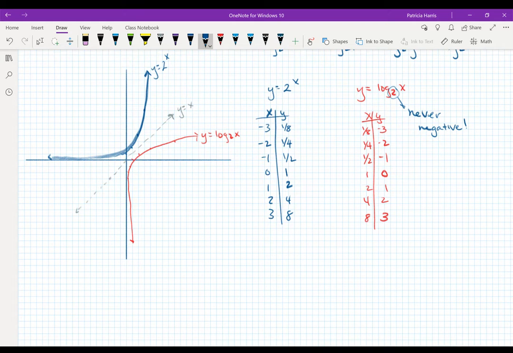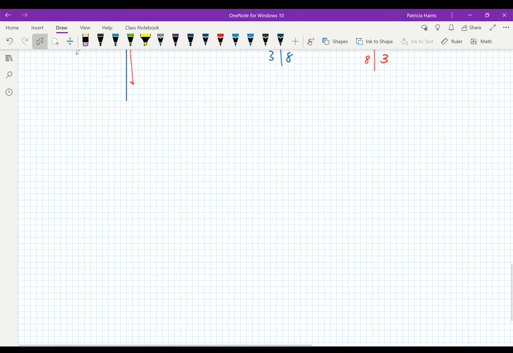So things to remember. Exponentials and logs are inverses. Okay.